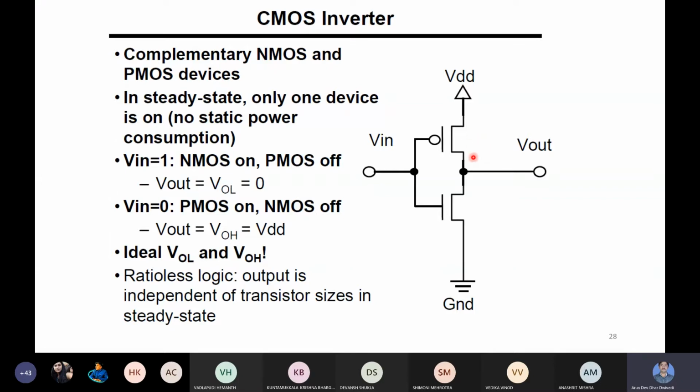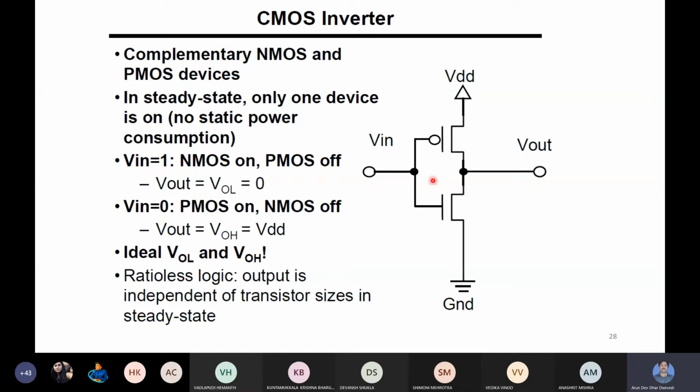It is ratio-less logic. Let us see, suppose at Vin you are giving logic 1. Logic 1 may be 1 volt, or it may be 5 volt, depending on at which supply voltage the circuit or technology is working. So suppose we are giving input as logic 1.